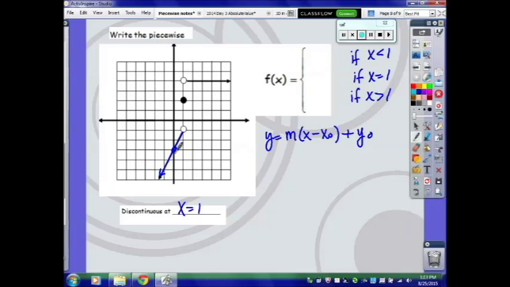You don't want to put any fractional points because then we can't read what it is. So my slope is 2. x minus 0 minus 3, because this point is 0, negative 3. So that means that my equation for that first piece of my line is 2x minus 3.